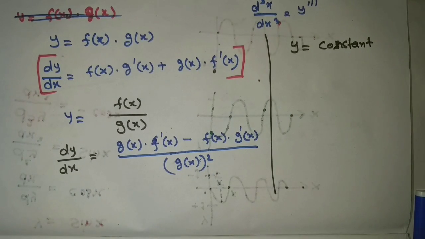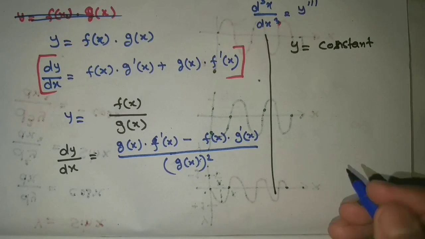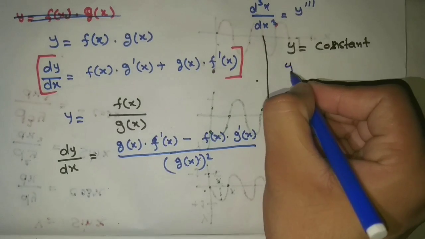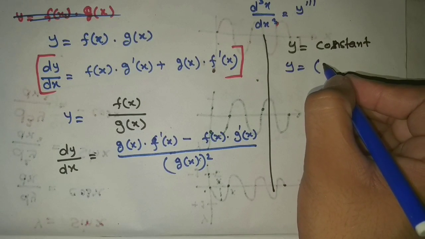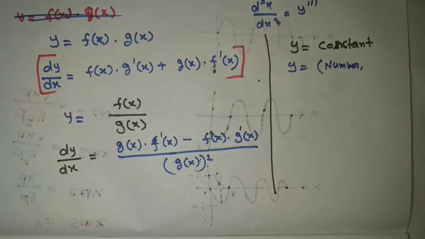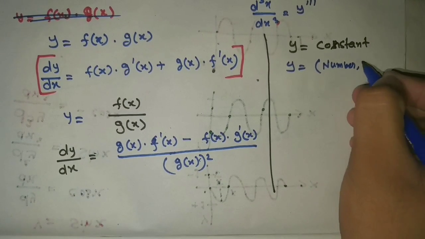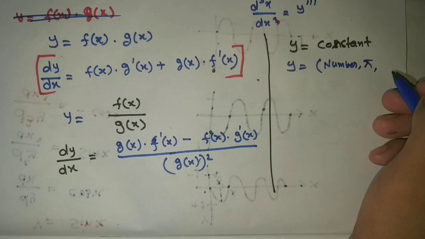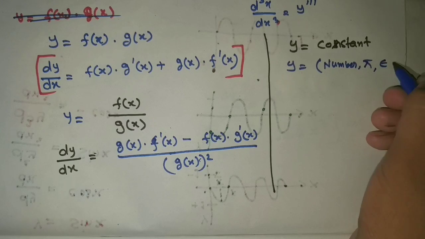If I have to differentiate a constant, then what will that be? A constant could be any number, and constants which have fixed assigned values like pi and epsilon.